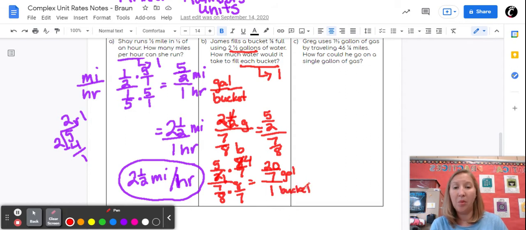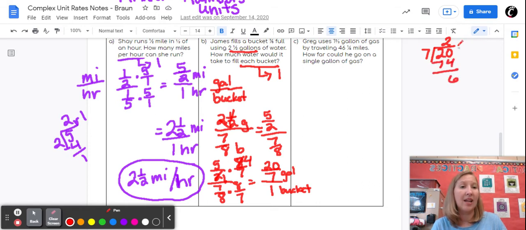But I'm not done here because I still need to make sure that I change this improper fraction back to a mixed number. So again, I'm going to divide, and I'm just going to do that out here where I have more space. I want to see how many times 7 is going to go into 20. I know that it goes in 2 times. 2 times 7 is 14.